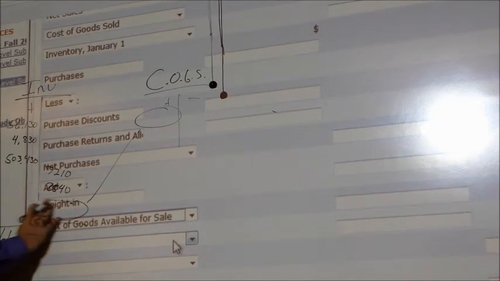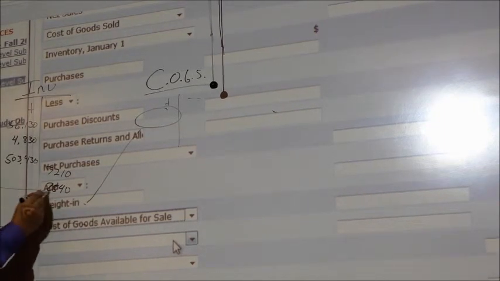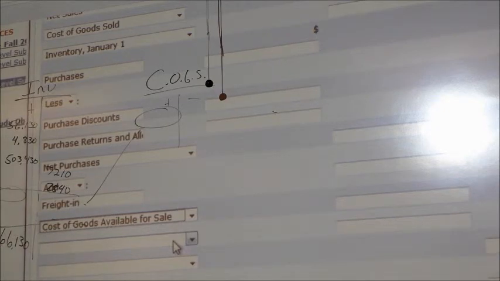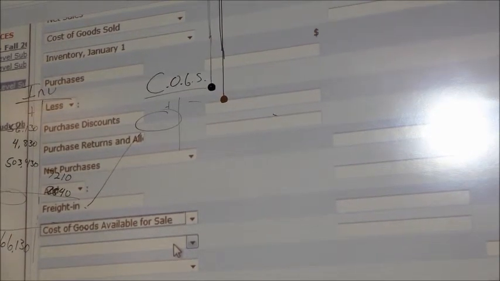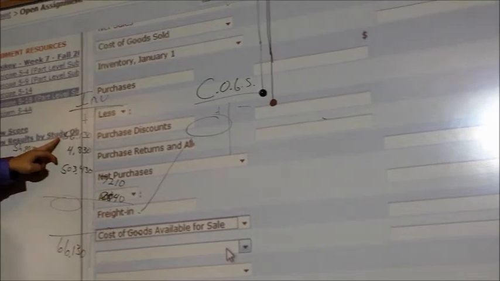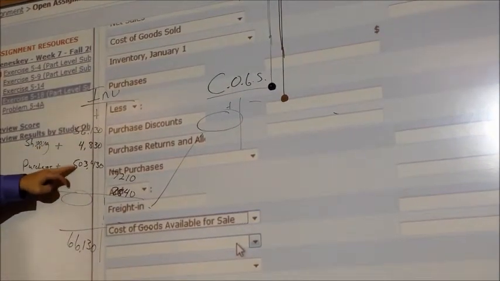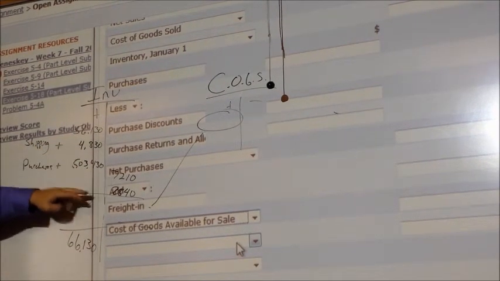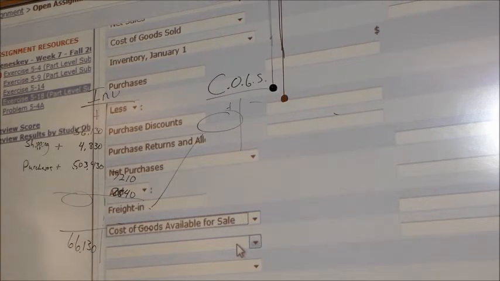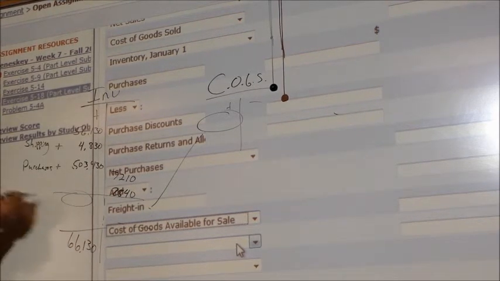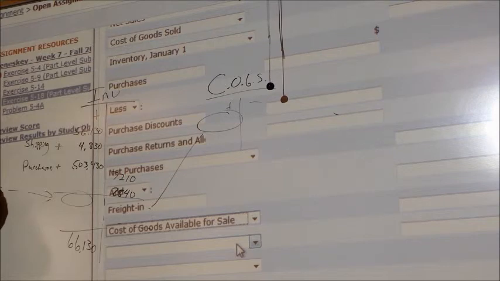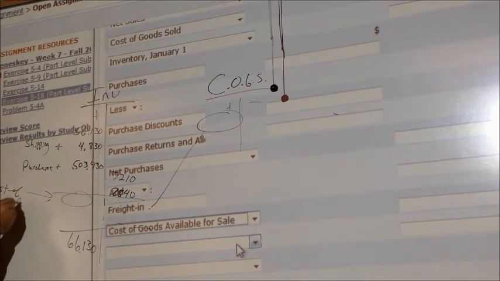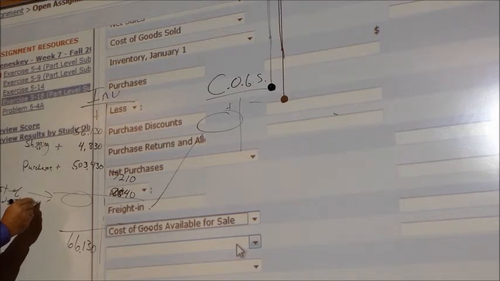I could make a total and say, how much inventory do I have to sell? I have my beginning stuff, plus the stuff I just bought, and the shipping minus some of the returns. This is titled right here, the cost of goods available for sale. How much do I have to sell?